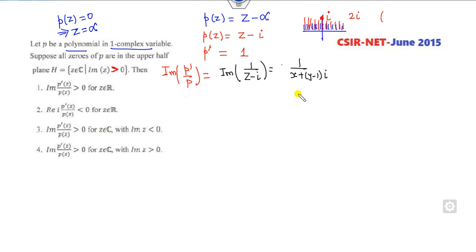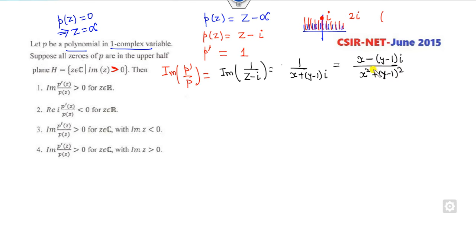If you rationalize them, this is y minus 1 of alpha divided by x square plus y minus 1 whole square.